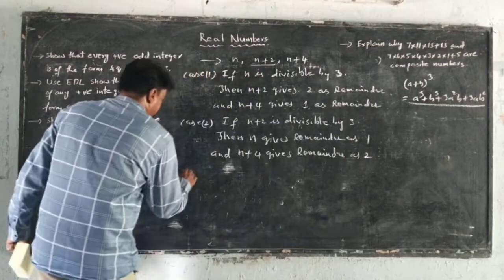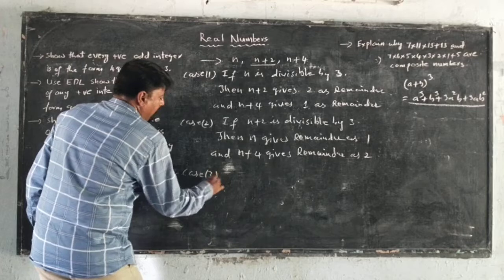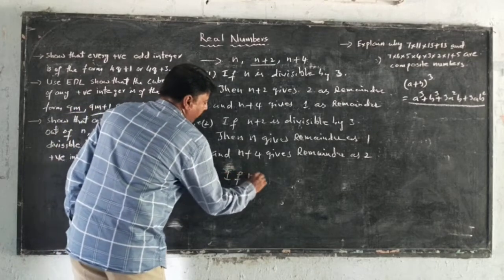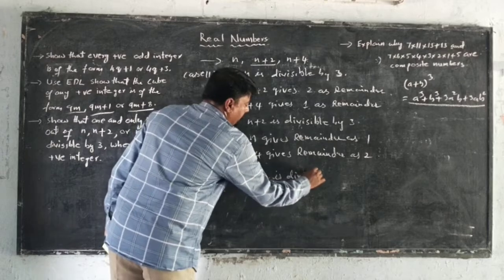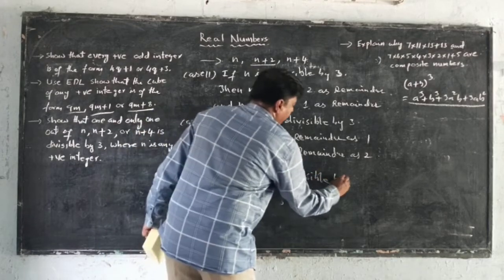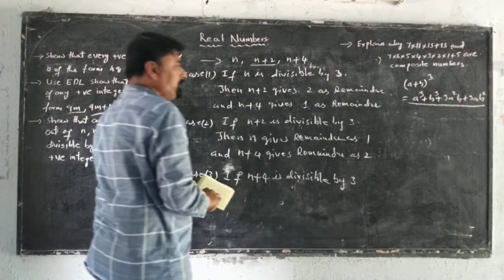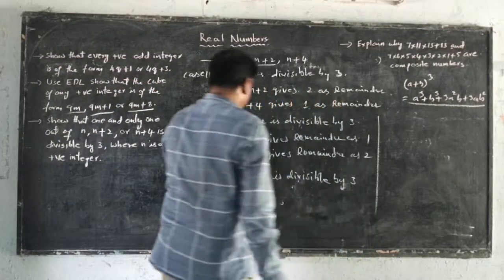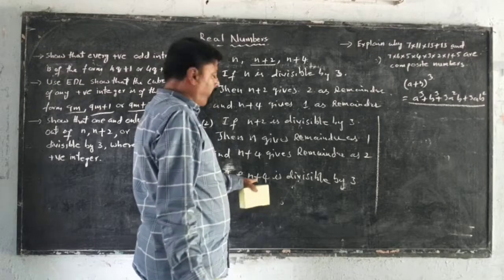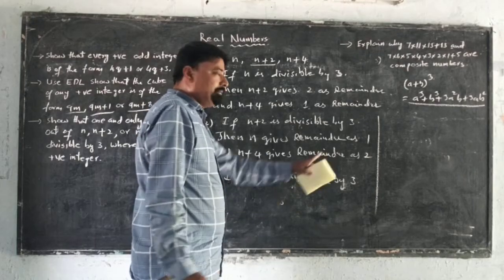So in the last case, case 3, if n plus 4 is divisible by 3, what happened? N plus 4 means you think any one value for n, you think n is equal to 5, 5 plus 4 is 9, 9 is divisible by 3.